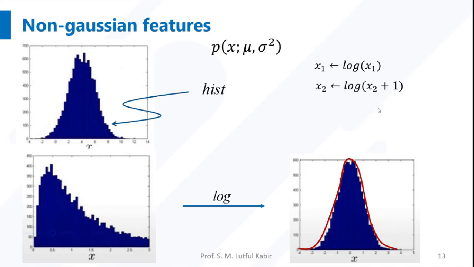It could be log of x2 plus 1, so instead of x2 you apply x2 plus 1 and then log. The generalized form is log of x2 plus c. In some cases, it is a root of the parameters. For example, if x3 is the feature and you take the square root of x3, then the feature becomes almost bowl shaped. This is x3 to the power half, and the generalized form is x3 to the power 1 by p.